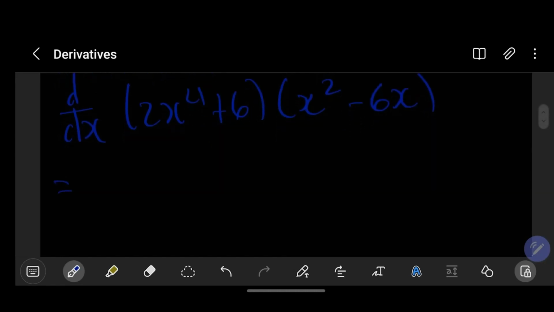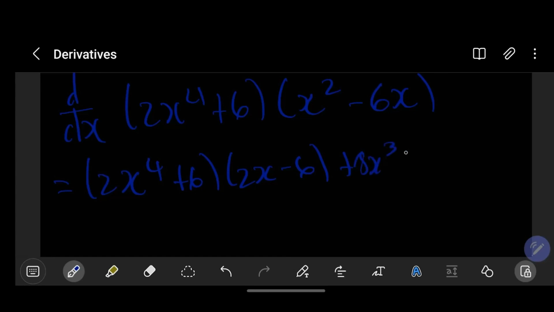So that's basically equal to f of x, which is 2x to the 4 plus 6, times g prime of x, which is 2x minus 6, plus we then look at f prime of x, which is 8x cubed, times our g of x, which is x squared minus 6x. So you can take this further and simplify on your own. So just simplify this and you should be good to go ahead and get your full marks, right?